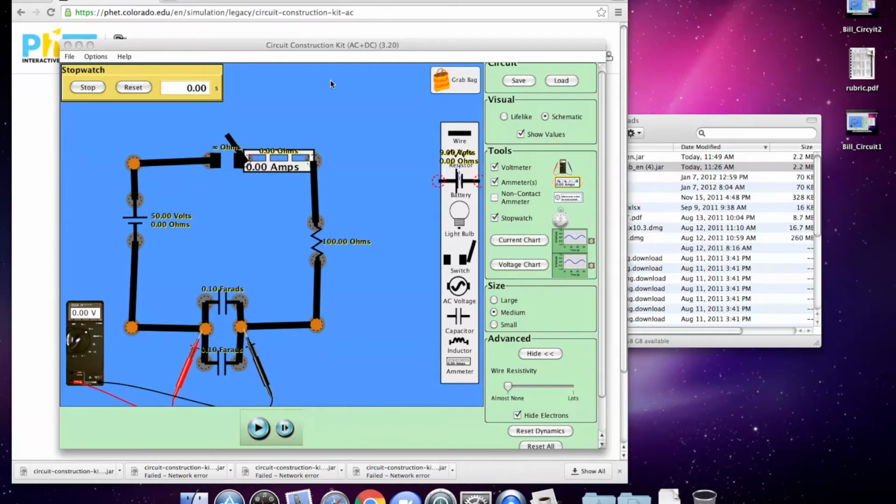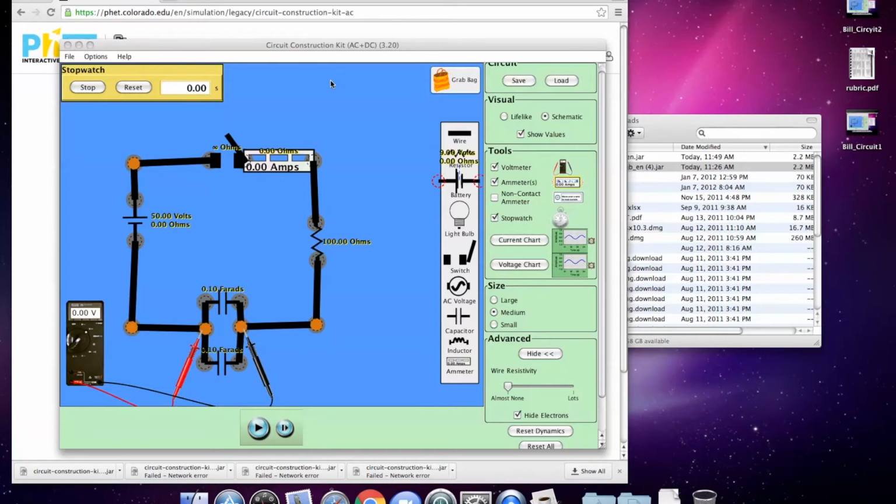Again, I have a 50-volt source of power on the left. I have an open switch. I have an ammeter registering no current right now. On the right, I have a 100 ohm resistor, as before in circuit 2. And at the bottom, I have 2 capacitors, each being 0.1 farad, but you should notice that these capacitors are hooked in parallel.